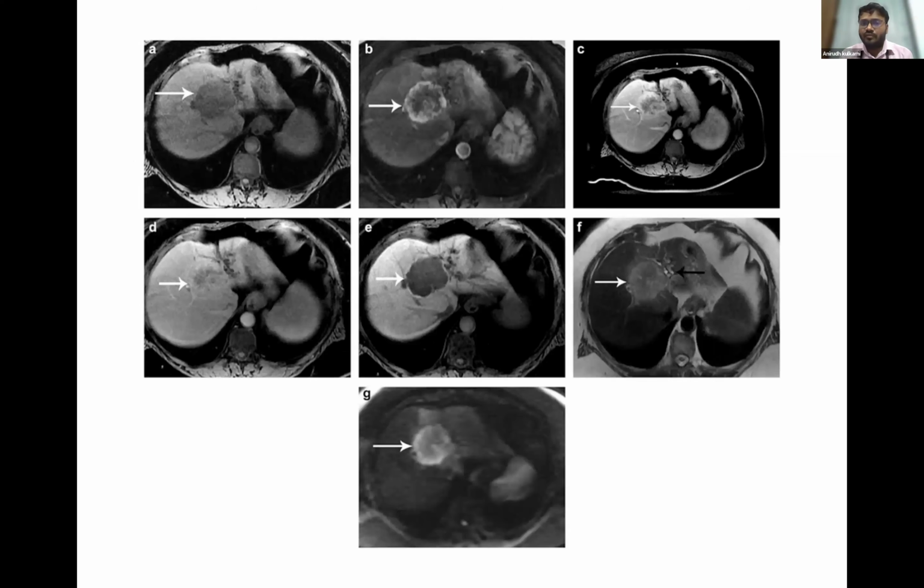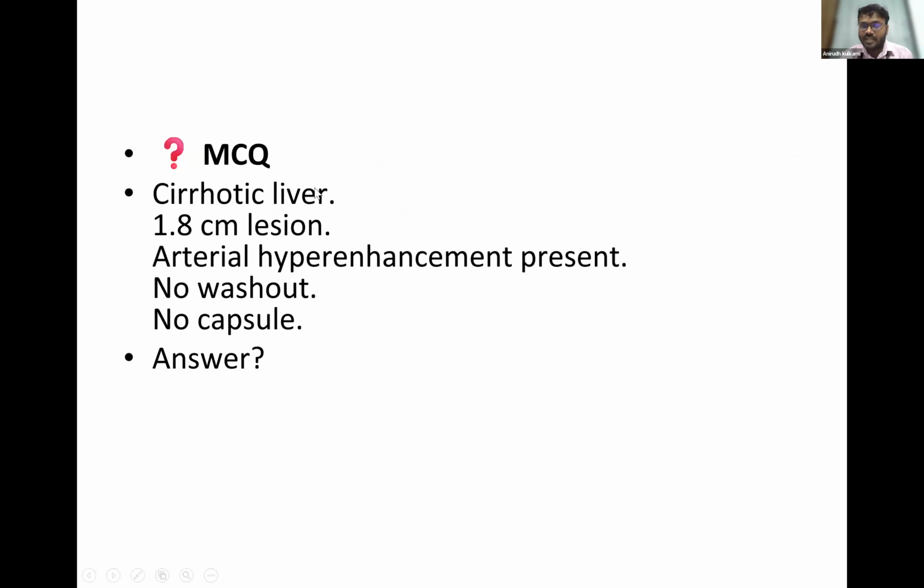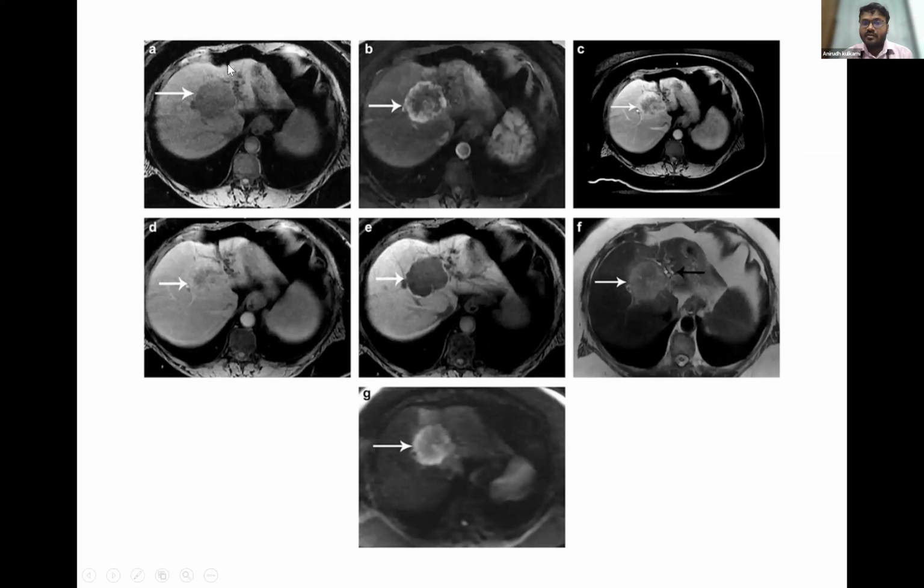So now can any one of you see this and tell what is the LI-RADS score for this? You can put it in the chat. Here we can see peripheral nodular enhancement, and it is filling in. In the hepatobiliary phase, that is with gadoxetic acid, there is no uptake.